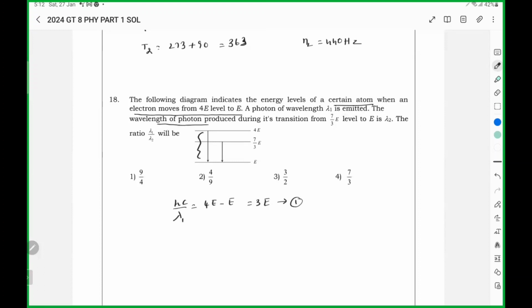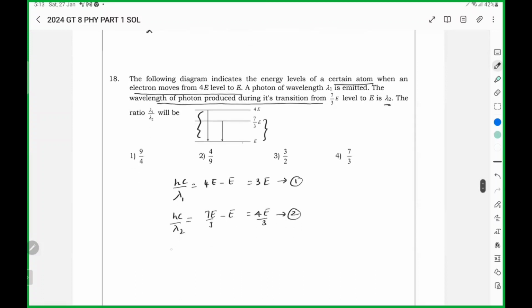The wavelength of the photon produced during the transition 7e by 3 to e. So when the electron of an atom moves from this energy level to this energy level, it emits a photon of wavelength lambda 2, energy 7e by 3 minus e, which is 4e by 3.